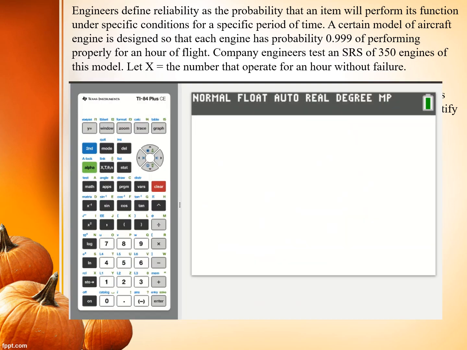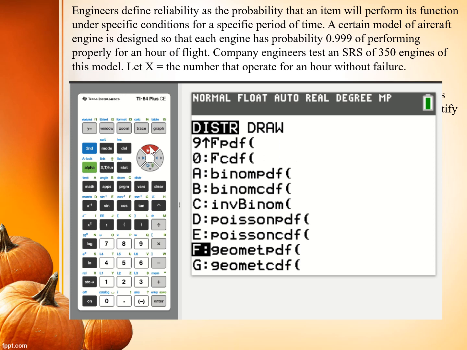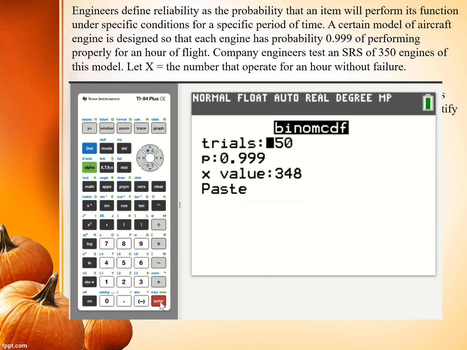So for this one, since it's less than or equal to 348, I know I'm not doing PDF, I'm doing CDF. So I'm going to go into distribution, second vars, and arrow until I get to binomial CDF because I have a range, not a precise value. I have some sort of continuous range. So CDF, I'm going to hit enter.